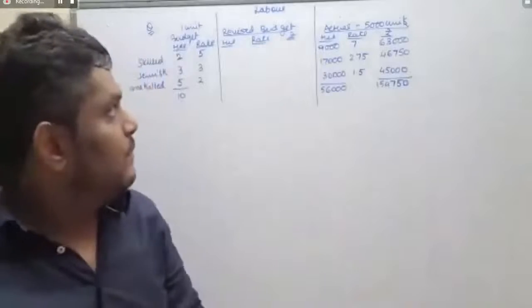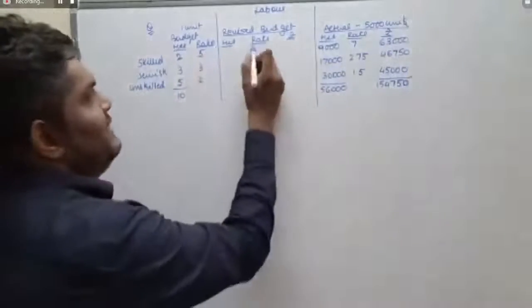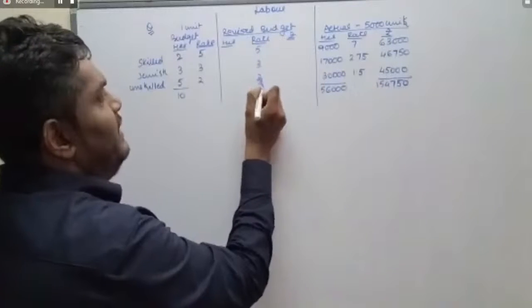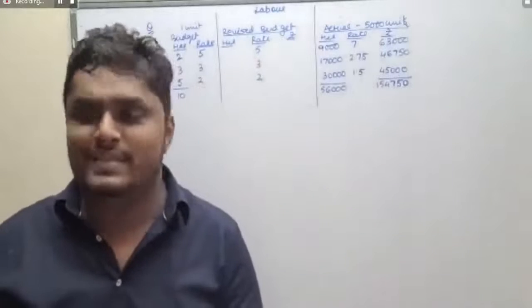Now, what will be the hours required for the revised budget? As far as rate is concerned, it is 5, 3 and 2. How many hours are required for the revised budget? I am waiting for your answers, guys.